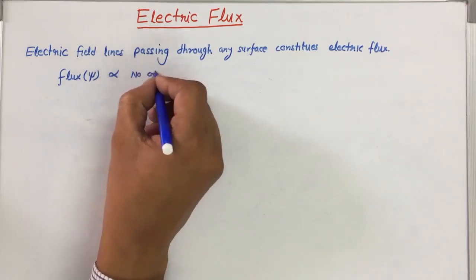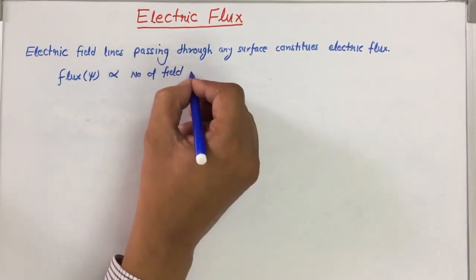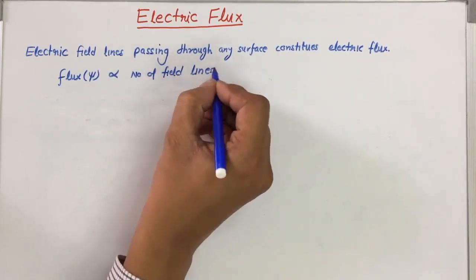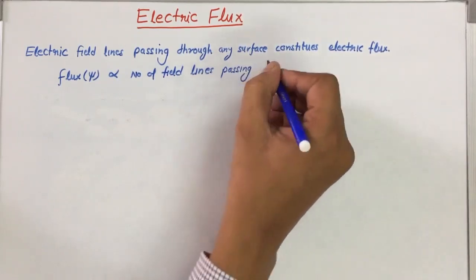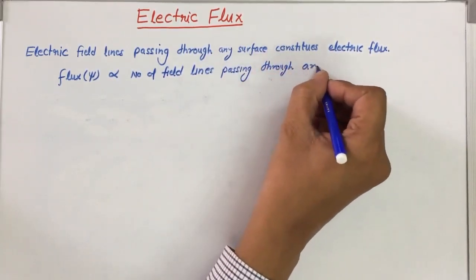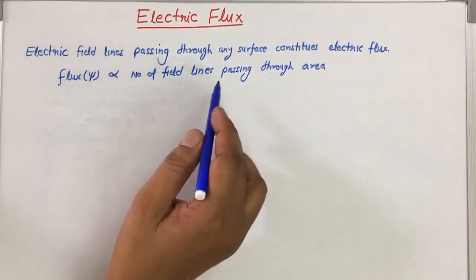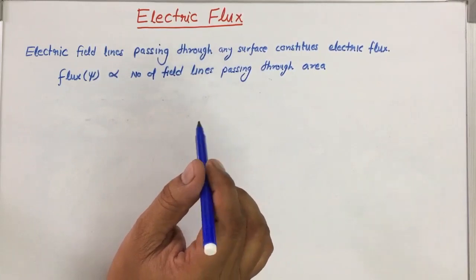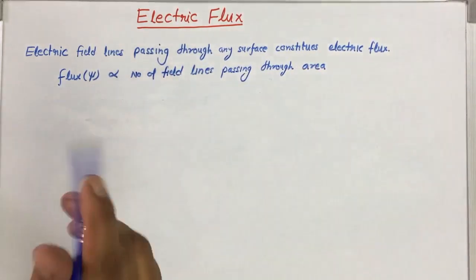So we can say it is proportional to the number of lines passing through an area. In this way we can define the flux, that is proportional to the number of field lines passing through the area.